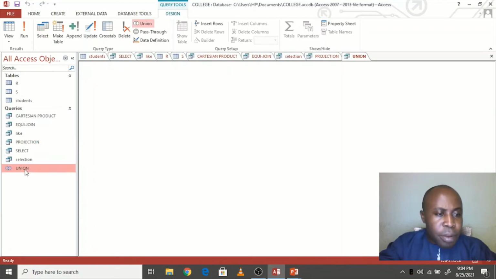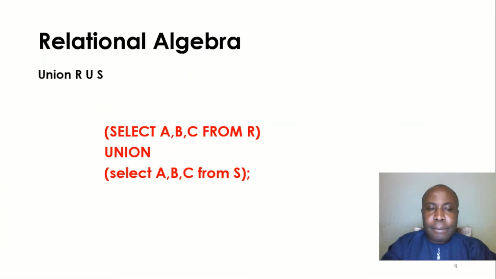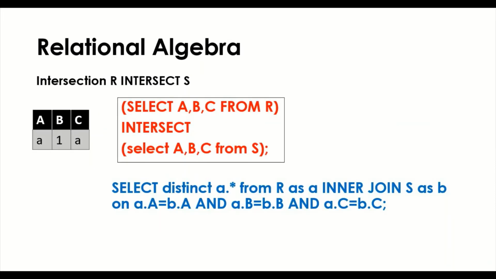So when we double-click union, what you have to note is that when you have a row which is having the same value as another row, one of them will be deleted. So the repetition is not allowed here. This is the result.